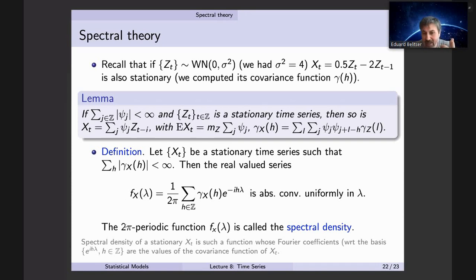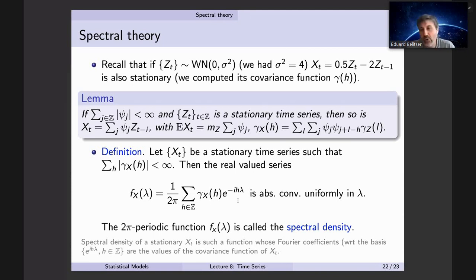That function must be 2 pi periodic, because all of the basis functions are 2 pi periodic. It's well defined because of that condition. It does define some function of this lambda, and it's 2 pi periodic, and that thing is called the spectral density.